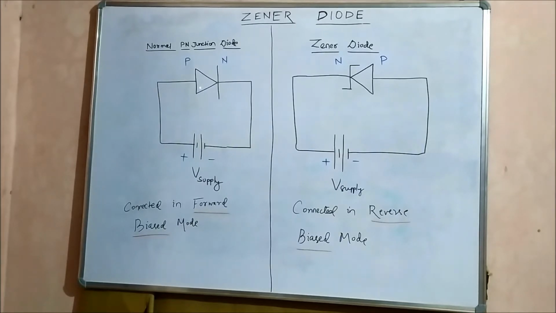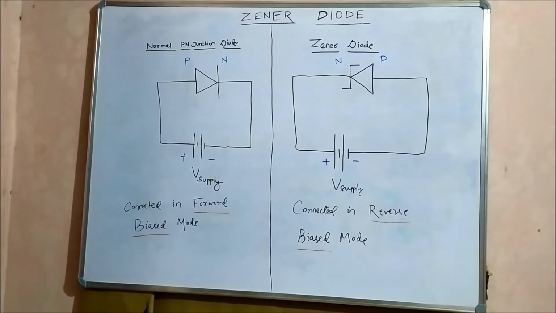P-type end connected to positive, n-type end connected to negative, straight away it is a normal p-n junction diode. It means that it is in forward biased connection mode. So this is the first point: a normal p-n junction diode is always connected in forward bias mode. It means p-type end connected to positive, n-type end connected to negative of the voltage supply.